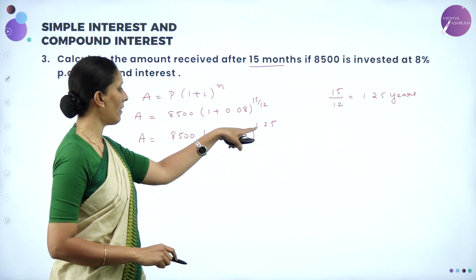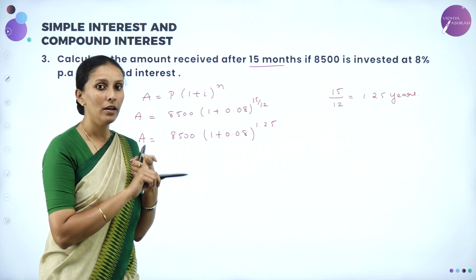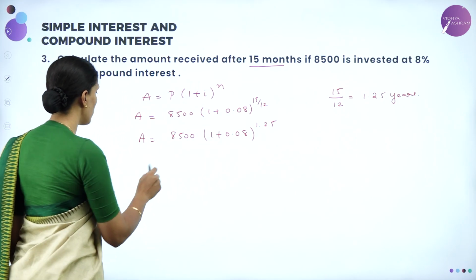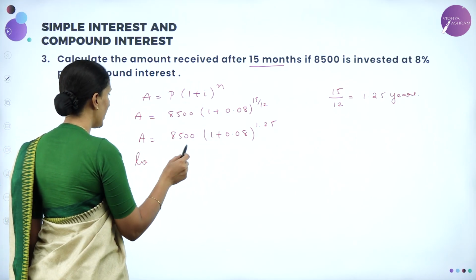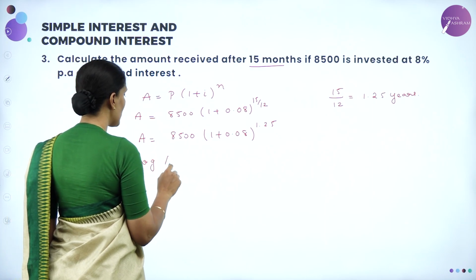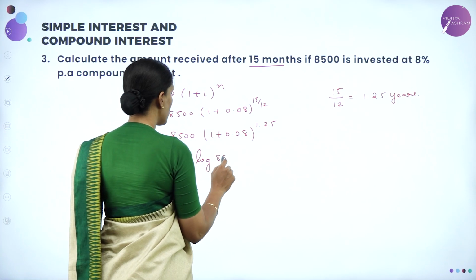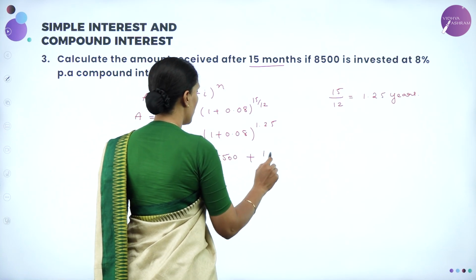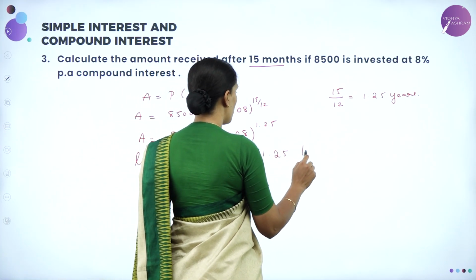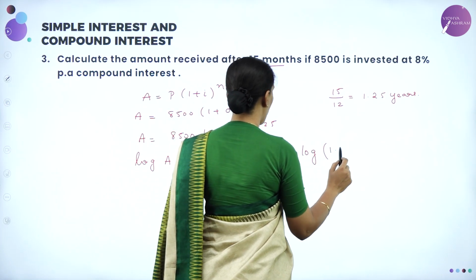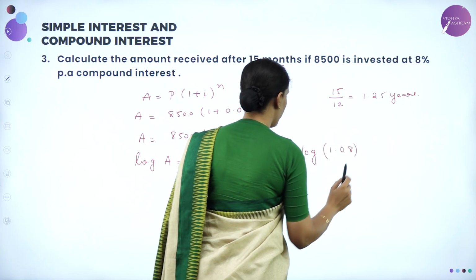But again here our index is in the form of a decimal. So here also we can apply log to remove the decimal power. So we can write this as log A, and here we can use it as log 8,500 plus 1.25 into log of, so 1 plus 0.08 becomes 1.08.